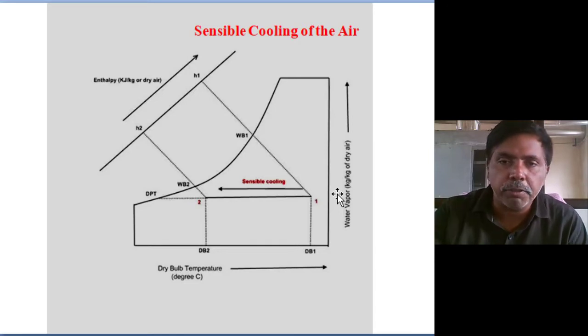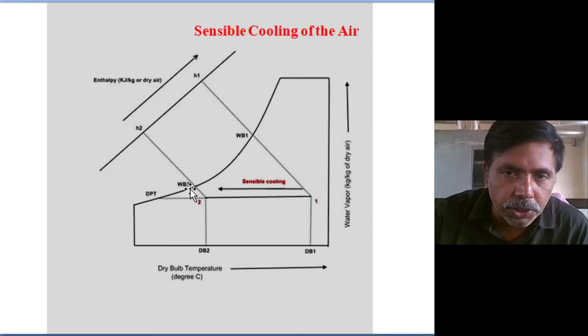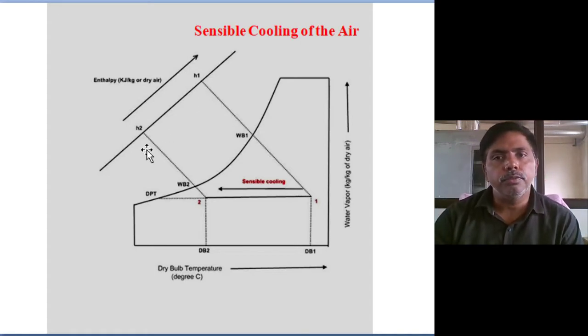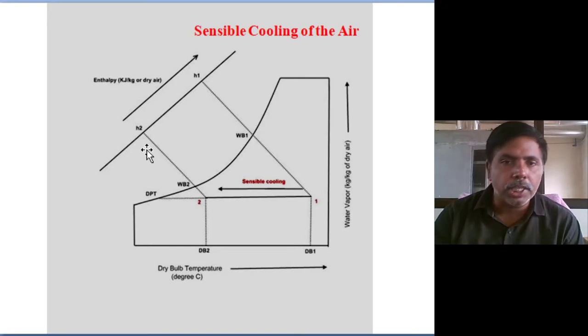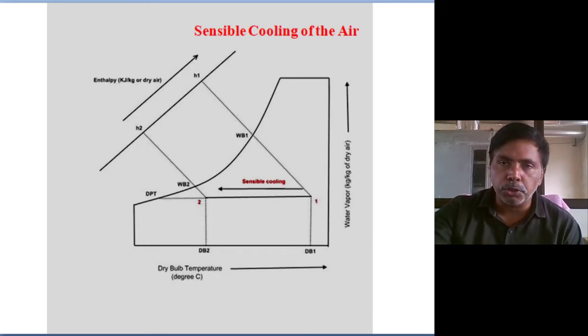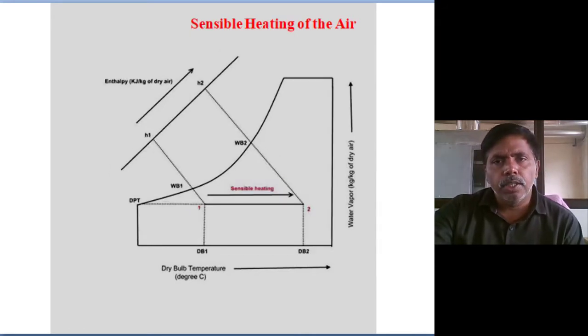By reduction of temperature, the dry bulb temperature is reducing, wet bulb temperature is reducing, and enthalpy is reducing. That's all. But moisture content and dew point temperature are not reducing. We achieve sensible cooling by a vapor compression refrigeration system or vapor absorption system or vapor adsorption system, any method.